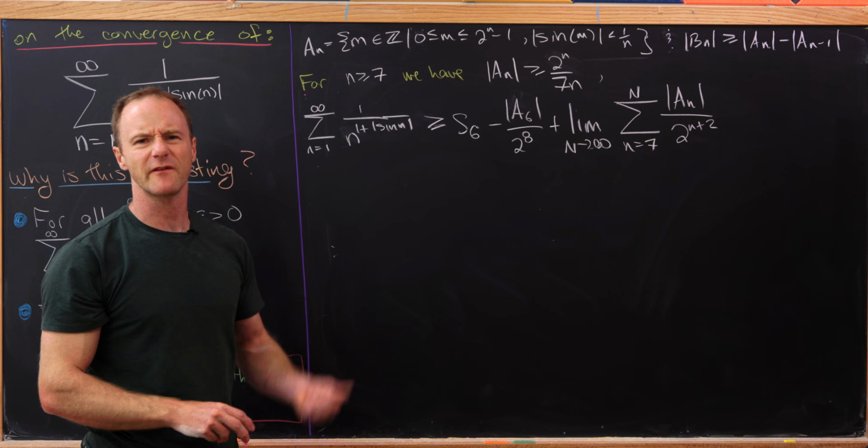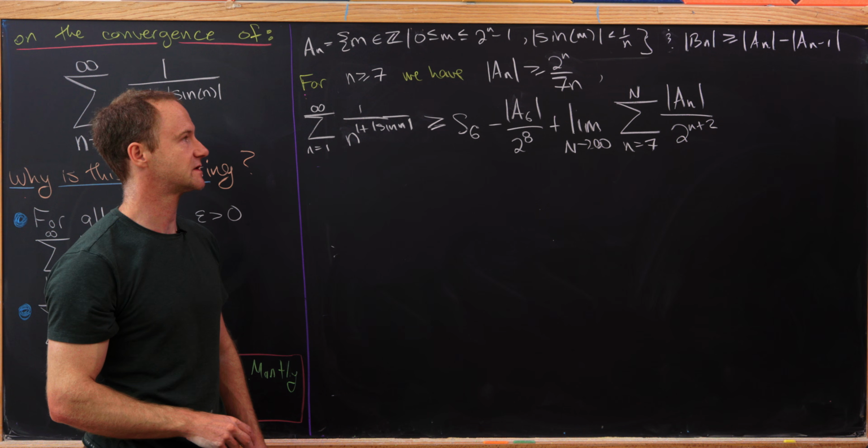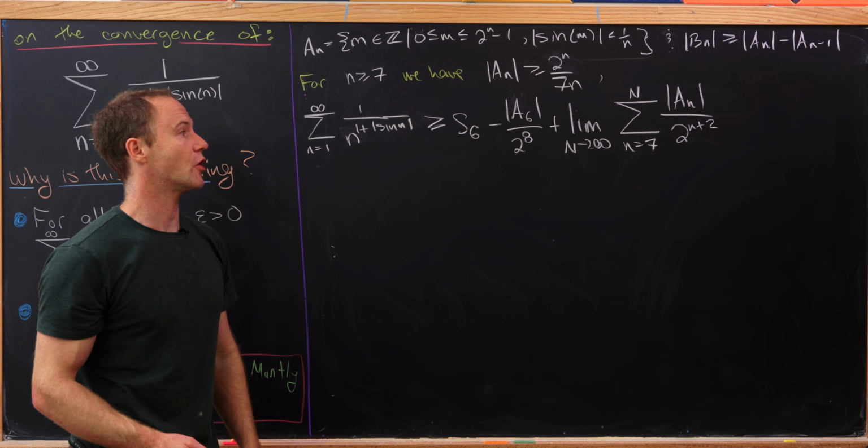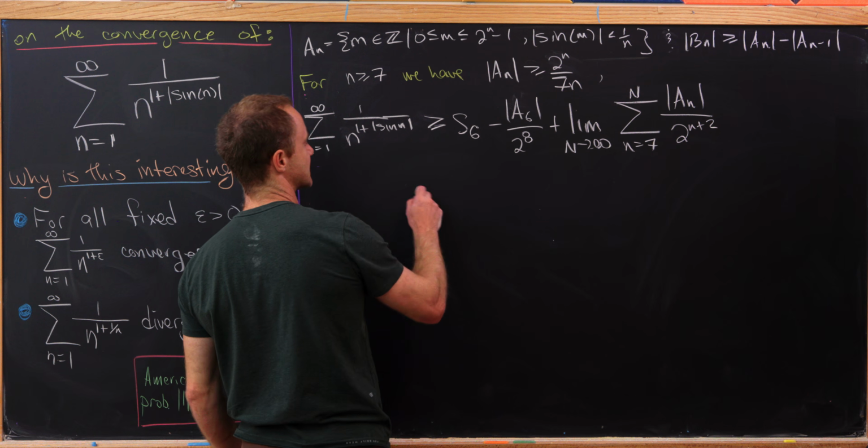Okay, so here's where we left off, and we've only got a couple of steps left. So now we'll use the fact that a sub n is bigger than this 2 to the n over 7n and see where that leaves us.